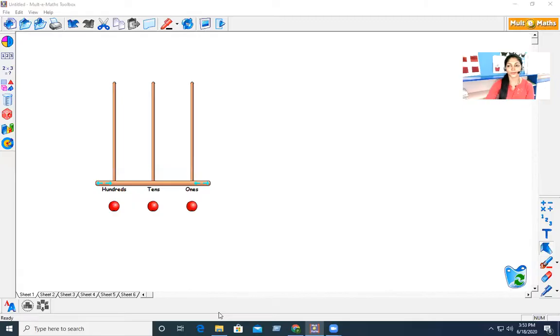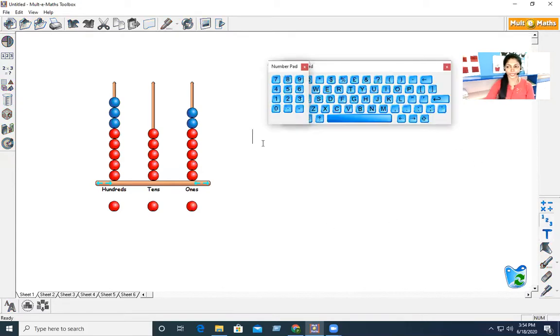Okay, now I'm going to do the next sum. Here is the abacus with three places again. Now I'm going to add the beads. I'll give you some time to count the hundreds place, tens place, and ones place. Shall I give the answer now? What is the number in hundreds place? It is 800.